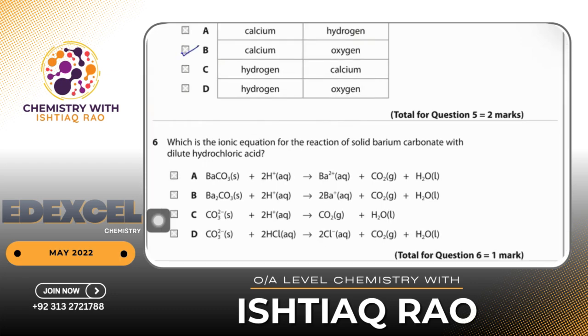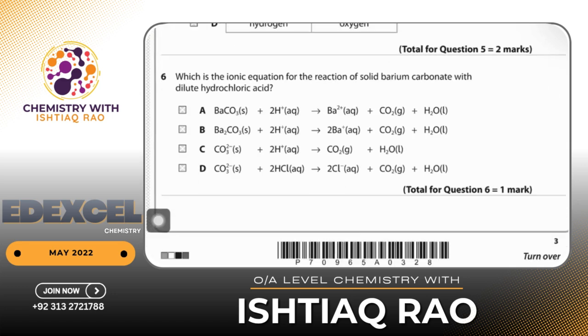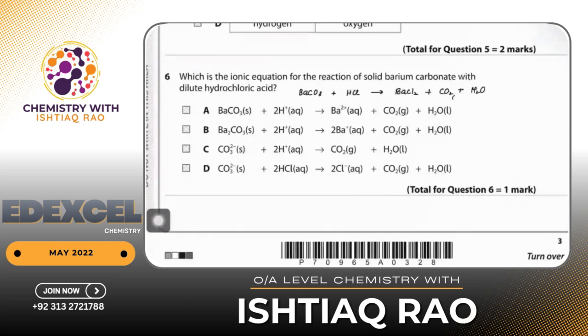Which is the ionic equation for the reaction of solid barium carbonate with dilute hydrochloric acid? So when barium carbonate, which is solid, reacts with HCl, it would be producing barium chloride and carbon dioxide, and then we have water. This is gas, this is liquid, this is aqueous, this is aqueous, and this is solid.